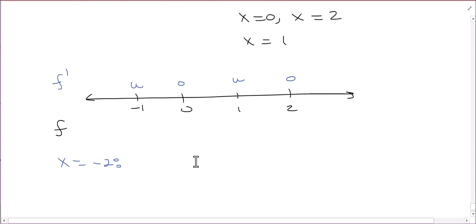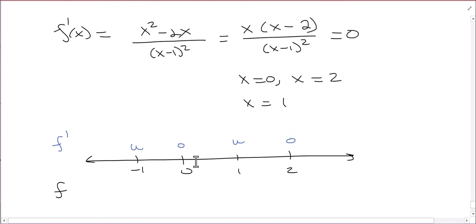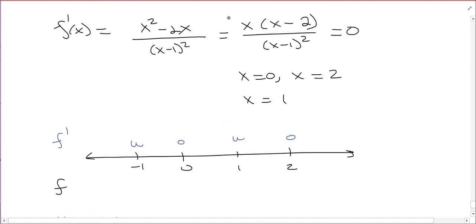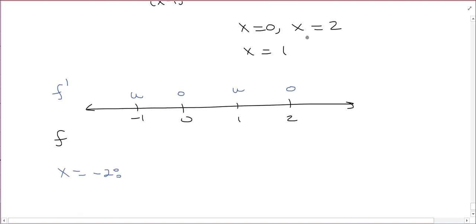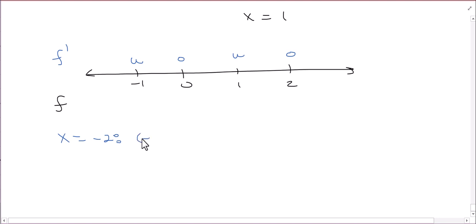So when x is negative 2, here's our derivative. So you're going to have negative times a negative. Notice that the bottom is squared, so this is always positive. So you're going to have negative times a negative over positive, so that will be positive. So the derivative is positive, which means that the function is increasing.